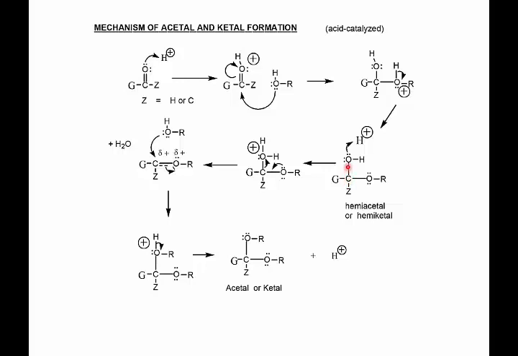Now again, as long as extra alcohol and H+ is present, here's what's going to happen. The H+ that's in the mix will now bond to the hydroxyl group of the hemi species. That converts the OH to a protonated OH.